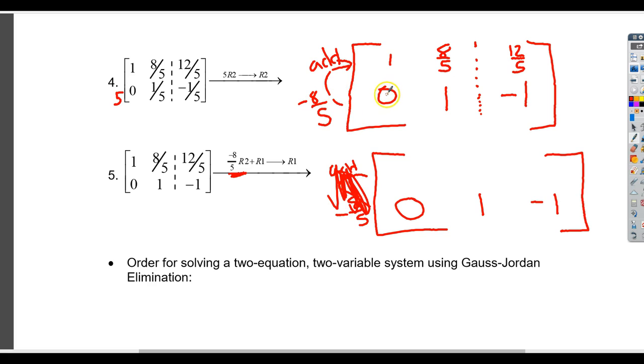Negative 8/5 times 0 is 0, plus 1 is 1. Negative 8/5 times 1 is negative 8/5, plus positive 8/5 is 0. Positive 8/5 plus 12/5 is 20/5, which is 4. So from this we can see that x, because this was our x column, equals 4. And this is our y column, so y equals negative 1.